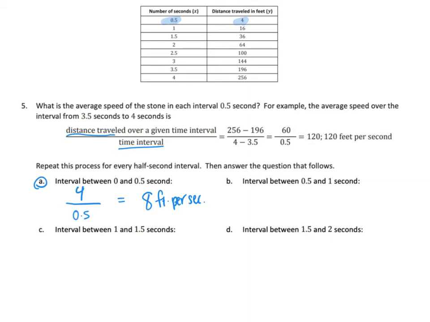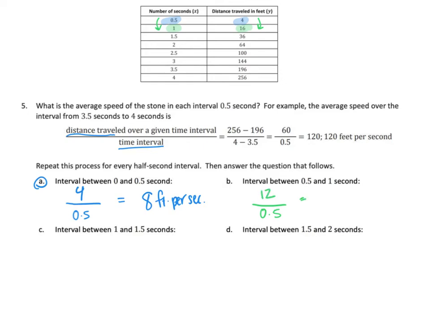All right, let's do the interval between half a second and 1 second. So between here and here. Well, it was half of a second for my time interval. And the distance I traveled to go from 4 to 16, that would be 12 feet.